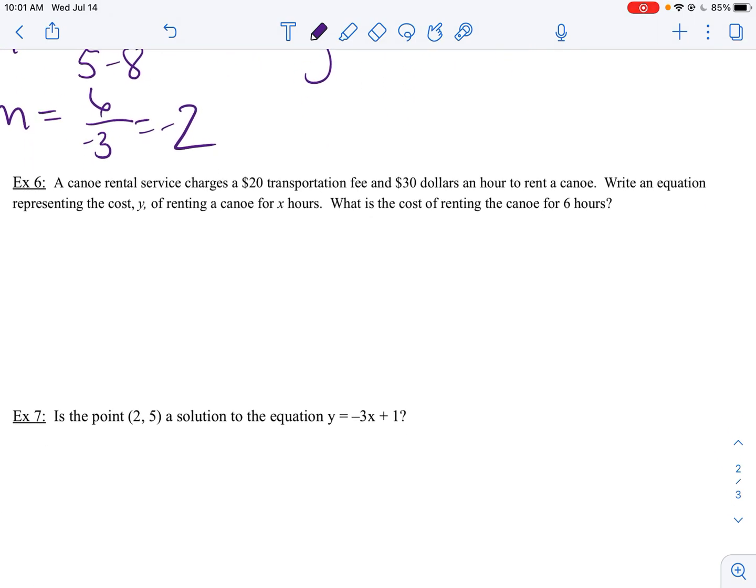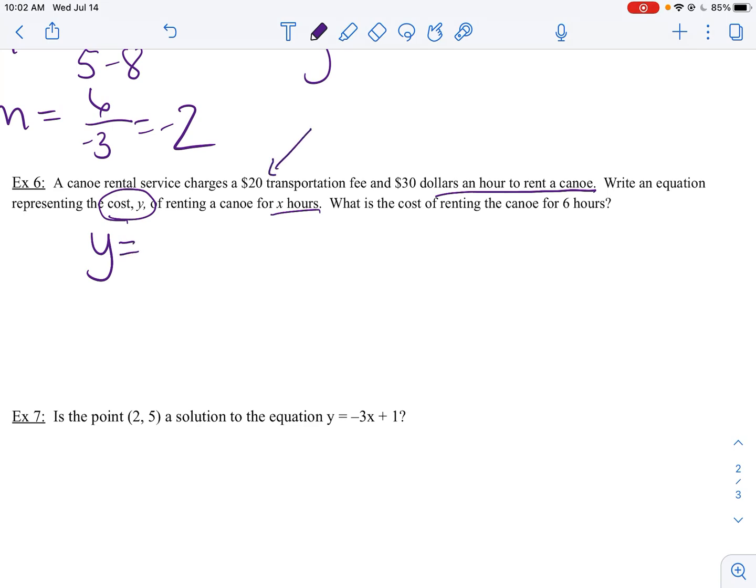Okay. This next one, a canoe rental service charges a $20 transportation fee and $30 an hour. Okay? So y is the cost, x is how many hours. Now, y equals slope and y-intercept are going to be found with these two pieces of information.